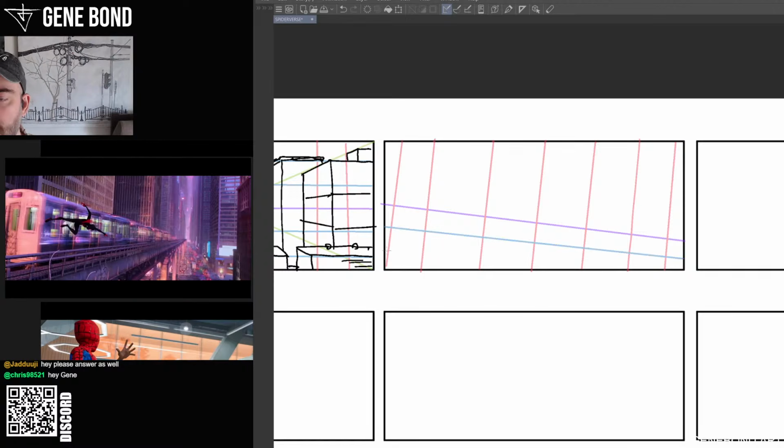Then X goes like this, parallel to the horizon line. So it's the same one vanishing point, but rotated.